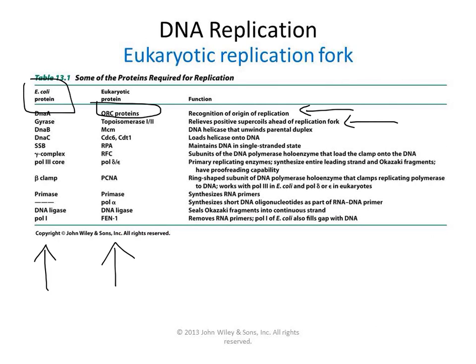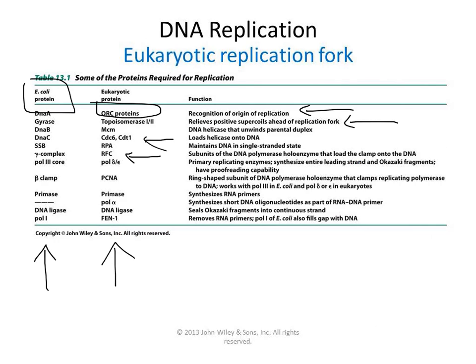There are also other important proteins involved in unwinding the DNA, such as the DNA helicases, DnaB and MCM, and proteins that load the helicase onto DNA, which you can see. There are also single-stranded binding proteins, and the clamp loader, which is called the gamma complex in E. coli, but the equivalent in eukaryotes is RFC.